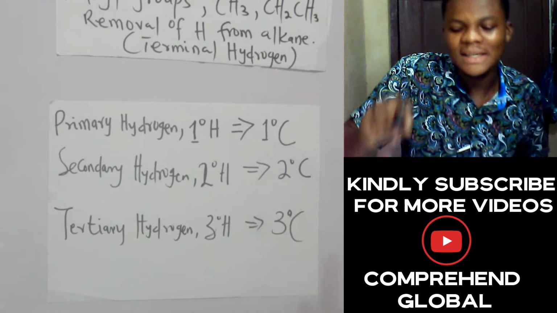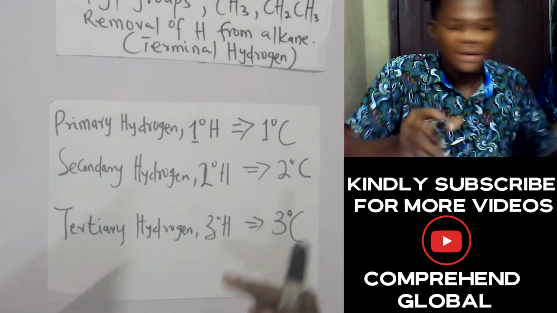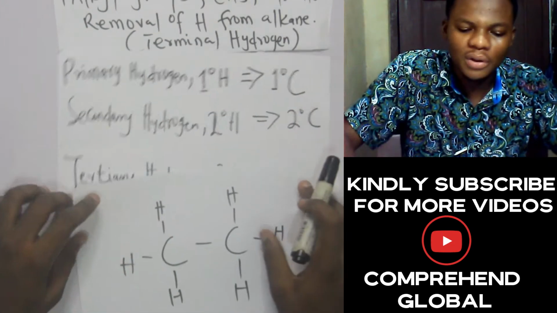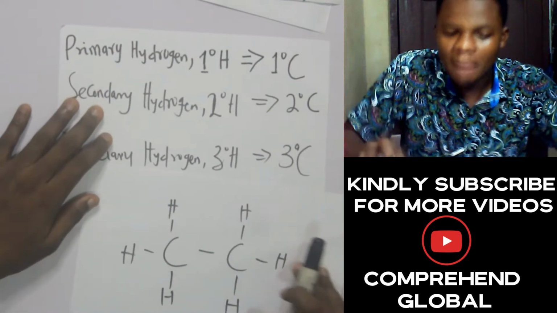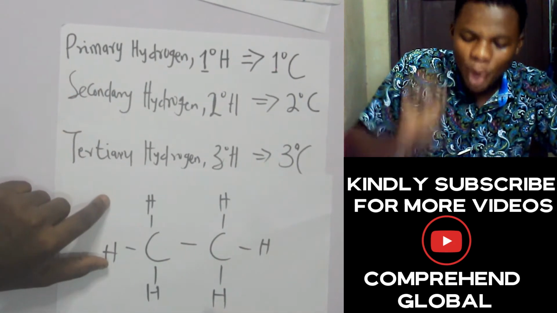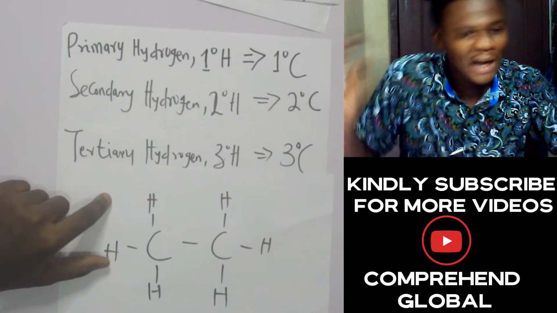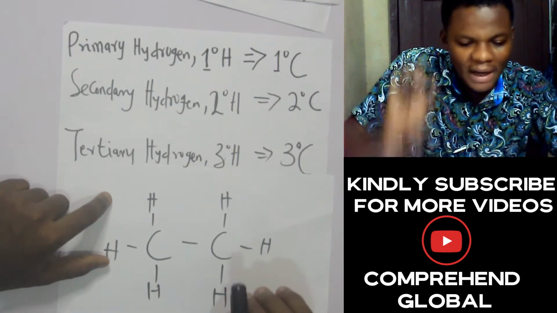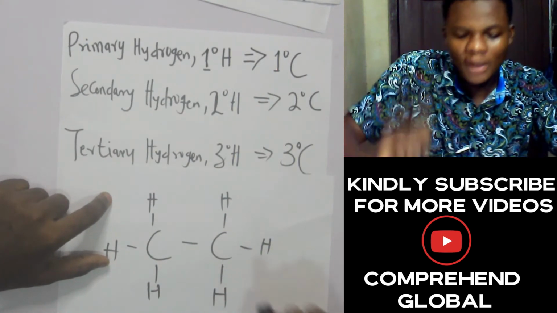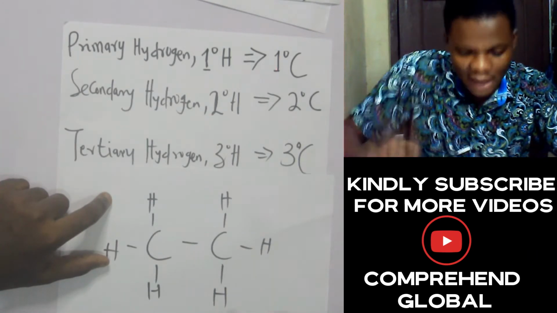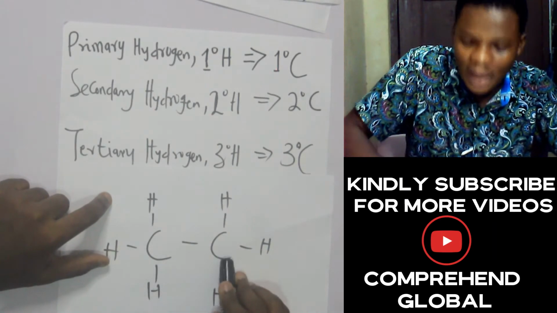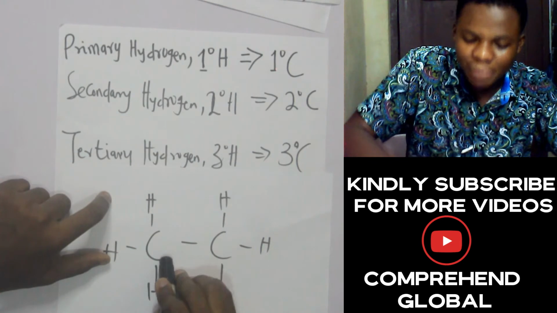Now, what is a primary carbon then? A primary carbon is a carbon that is connected to just 1 carbon atom. This is connected to 1 carbon atom, so this becomes a primary carbon.